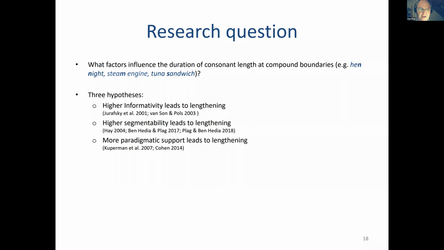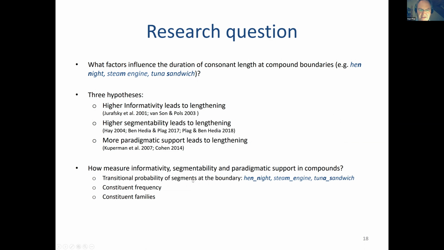And we have the paradigmatic support hypothesis, which says that the more paradigmatic support there is, the longer these items are pronounced. Now, the question is, of course, how do we measure informativity or segmentability?